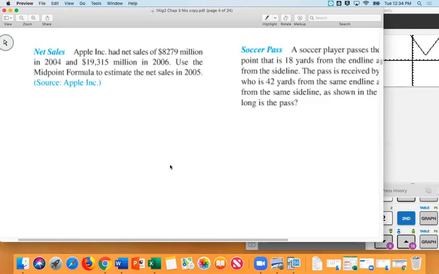This is why I like math, okay? Because again, I think outside the box. Do you think sales are linear, especially with Apple in the early 2000s? In the early 2000s, your iPhone was like on iPhone one. And what happens with the iPhones? iPhones took off, right?